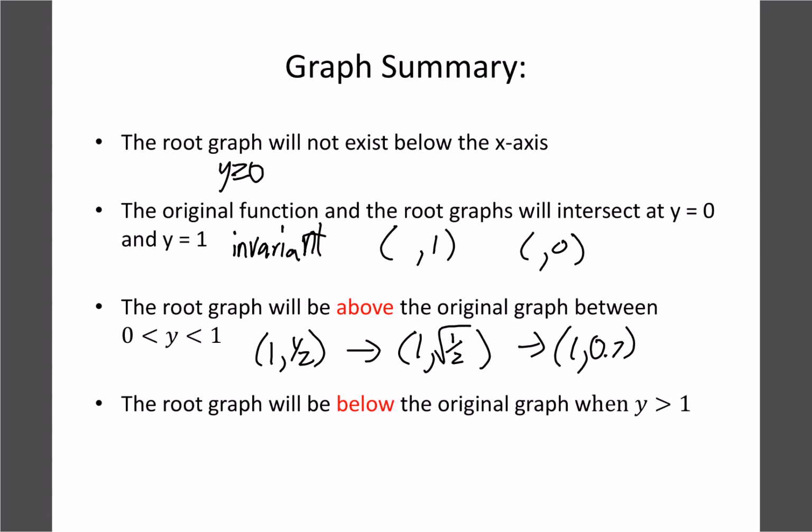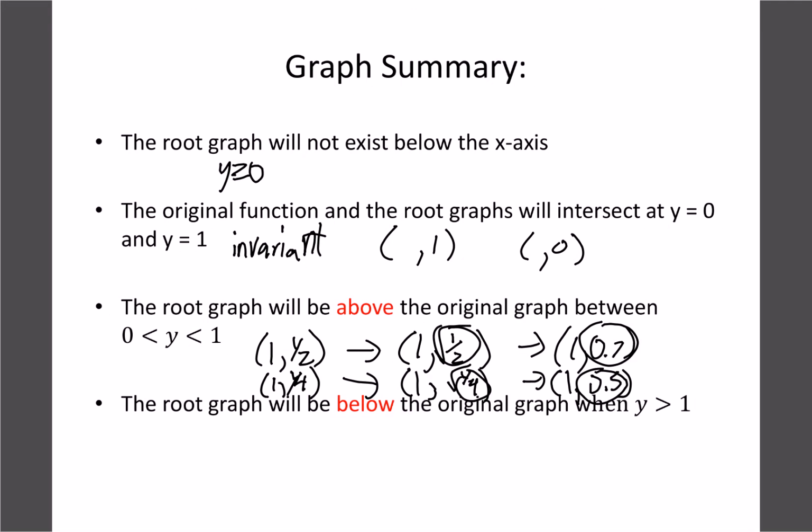And if we do another one, let's suppose we had 1 and 1/4, the square root of a quarter is actually a half. So that means for any value that's between 0 and 1, our y value actually ends up being taller than the original graph. Because 0.7 is bigger than a half, 0.5 is bigger than a quarter, so we're always going to be above it.